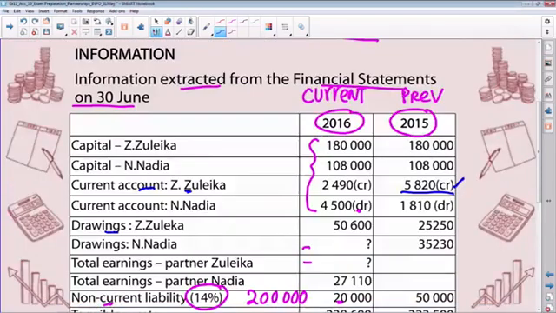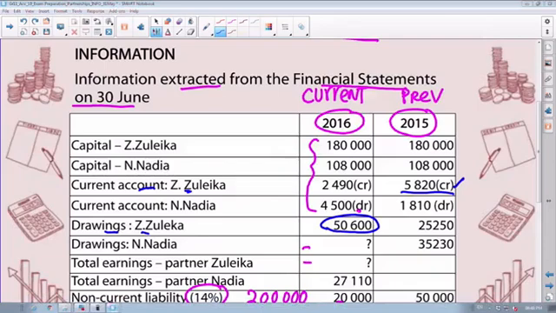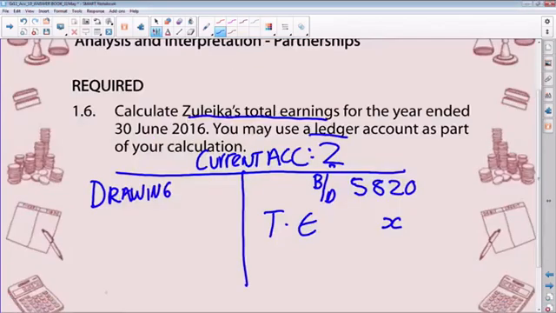So drawings, partner Zuleika, an amount of 50,600. So let's slot that into our answer sheet. 50,600. Right, so I filled in my opening balance, I filled in drawings.